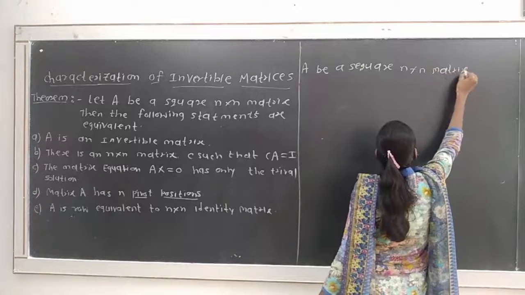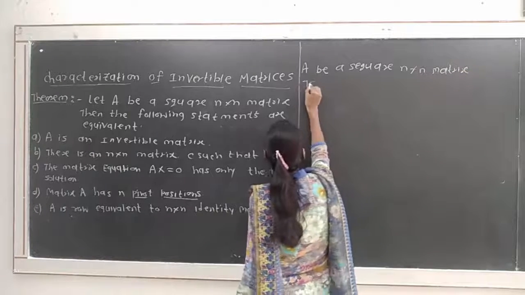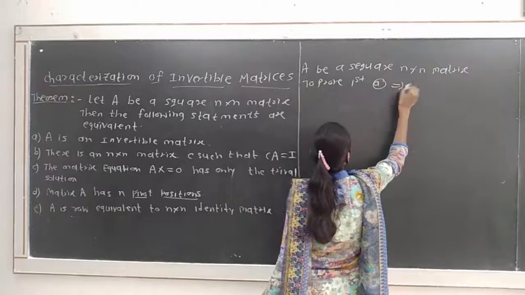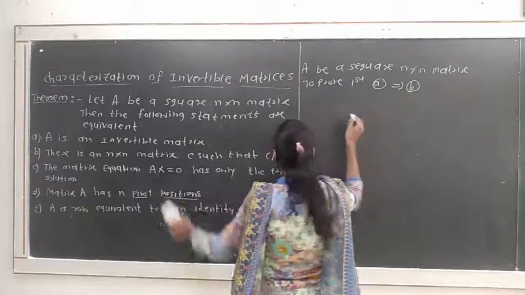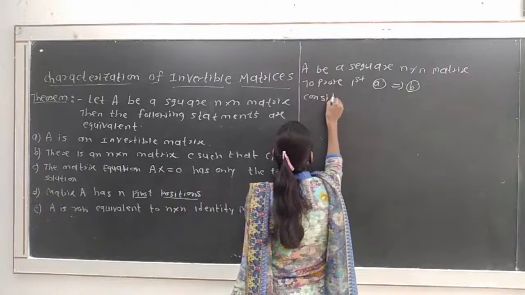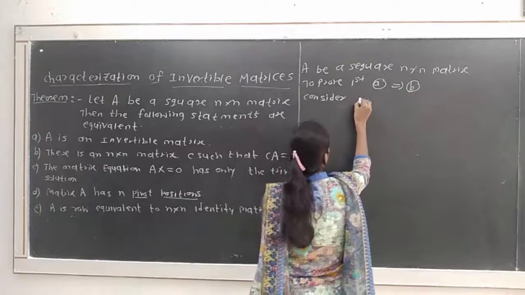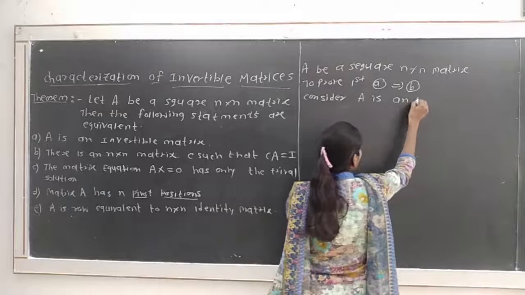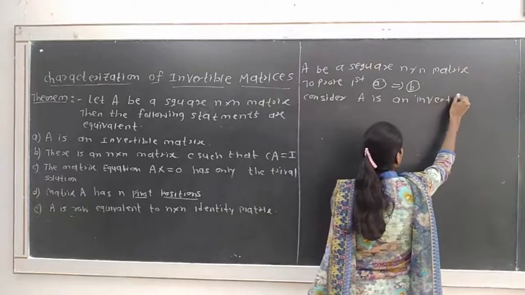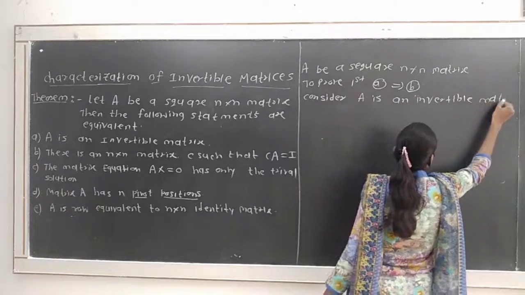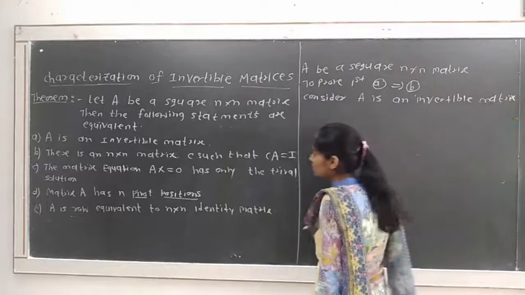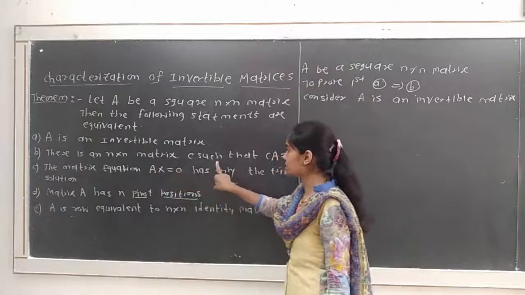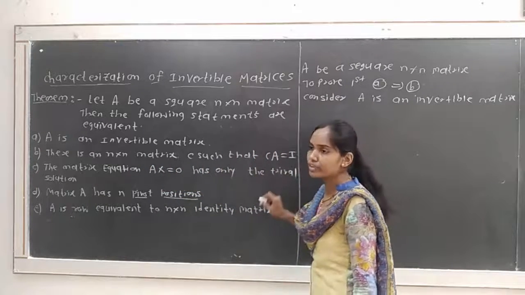Then to prove first A implies B, we consider the statement that capital A is an invertible matrix, and from that we show statement B, that is, we have to prove that there is an n cross n matrix C such that C into A is equal to I.